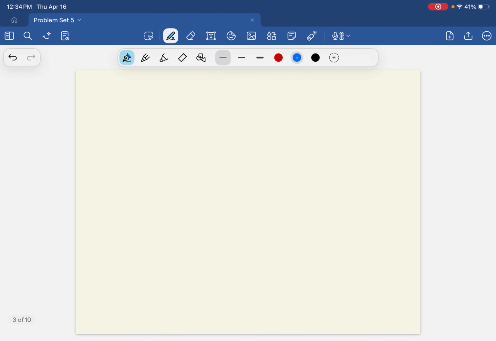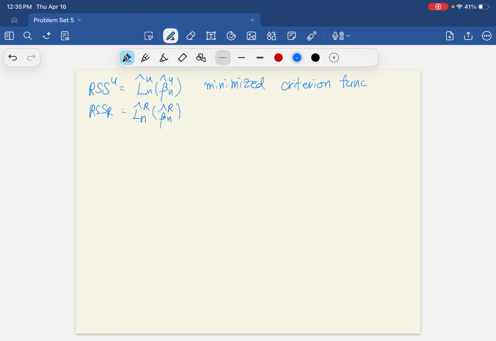In that sense, RSSU is L hat n u at beta hat un, so this is the minimized criterion function for the unrestricted model, and also RSSR is, even though we did not write it, let's imagine there is another minimized criterion function.